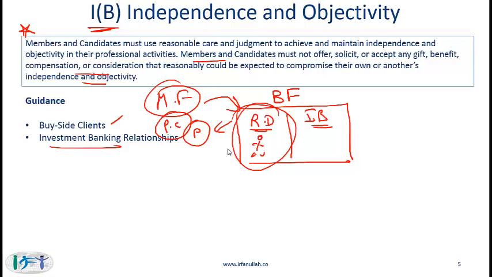Another scenario is investment banking relationships. Now, taking this example further, I already mentioned that your firm also has this investment banking department, and say the investment banking department is trying to work with Pfizer to do a secondary offering.